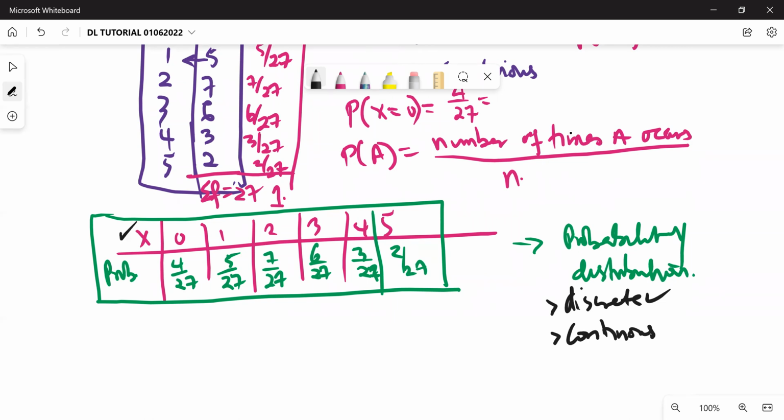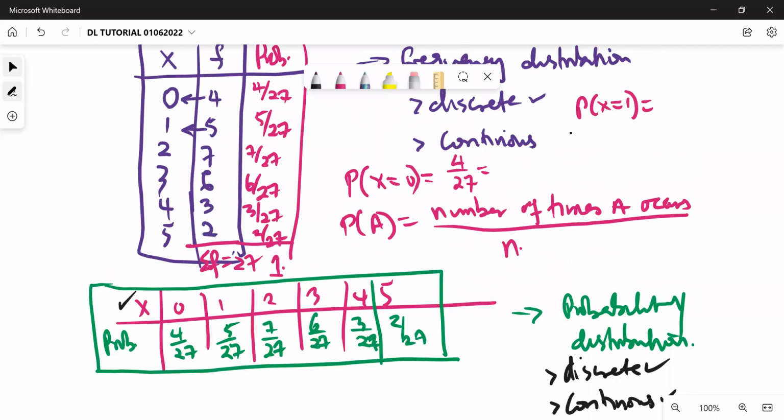Like the one we have here, X is a discrete variable because it takes some specific values. So this is an example of a discrete probability distribution. Then there are cases when X takes a group of values, or takes values in a given interval. Those are the ones we call continuous probability distributions.